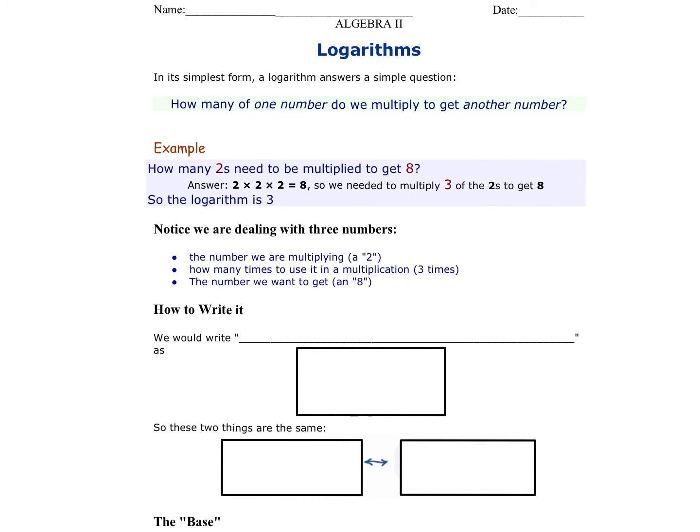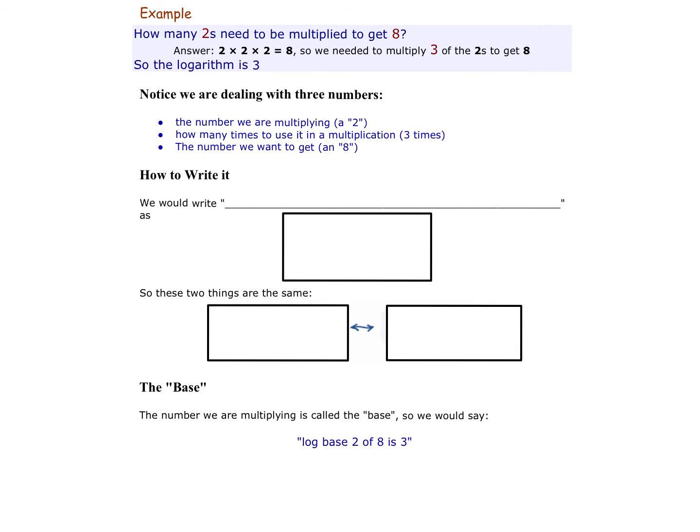So in these boxes, we should write it like this: the number of 2's you need to multiply to get 8 is 3, okay?